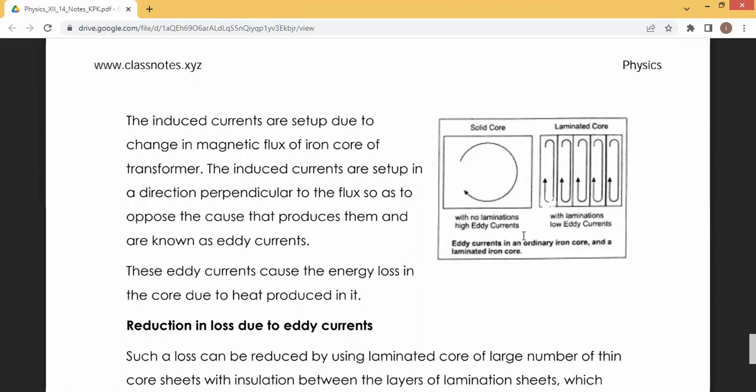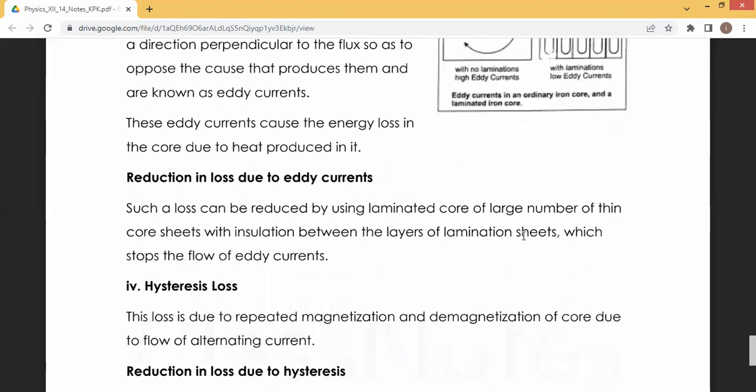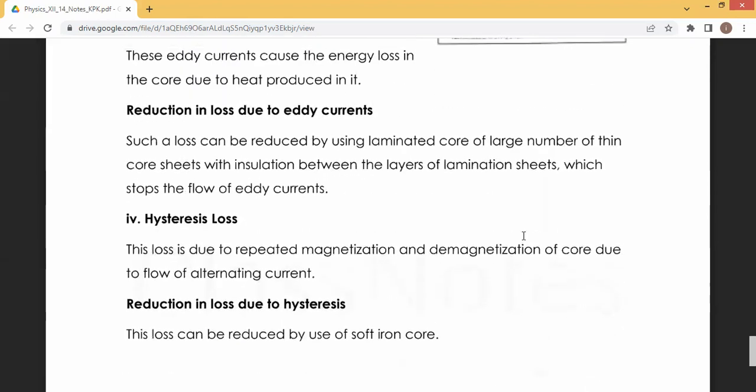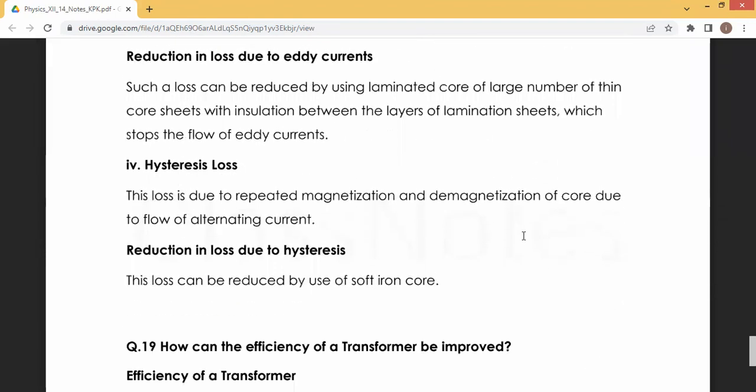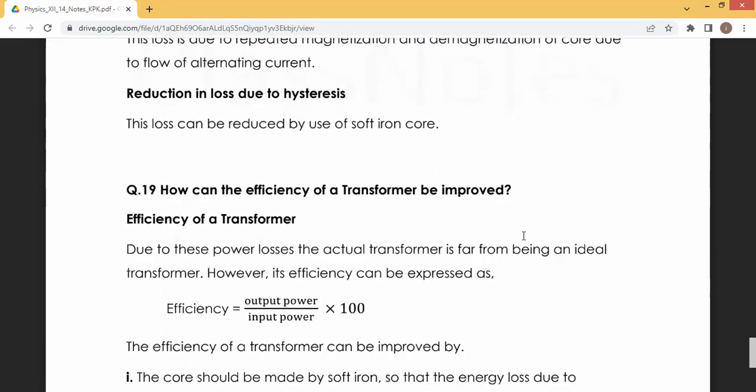The eddy currents cause energy loss in the core due to heat produced in it. Okay, the fourth one is hysteresis loss. This loss is due to repeated magnetization and demagnetization of the core due to the flow of alternating current.